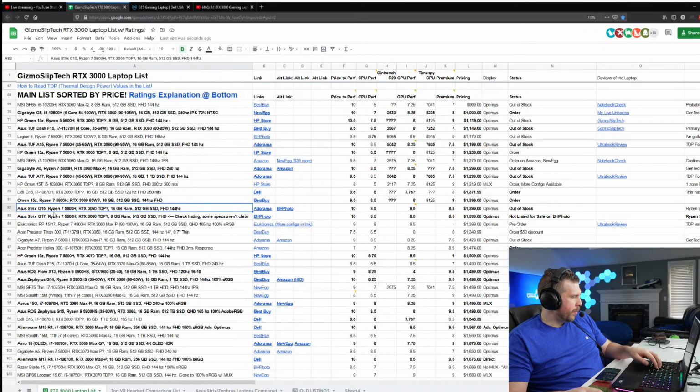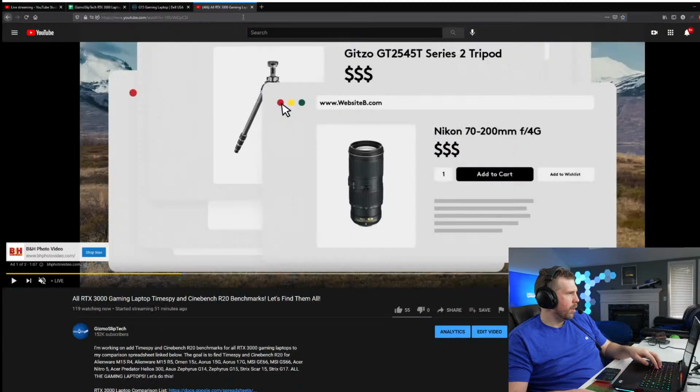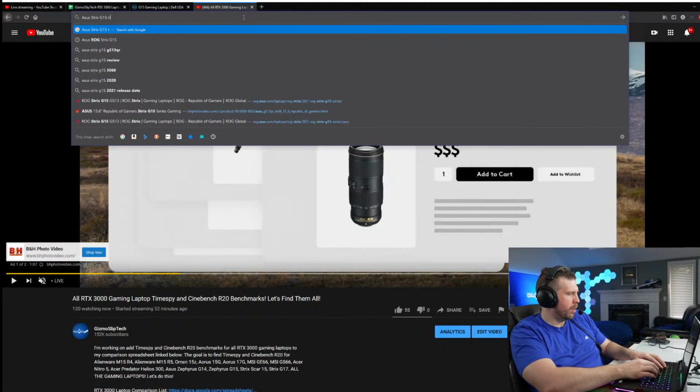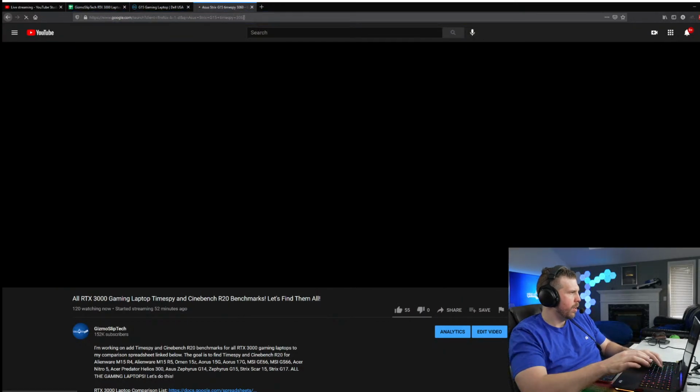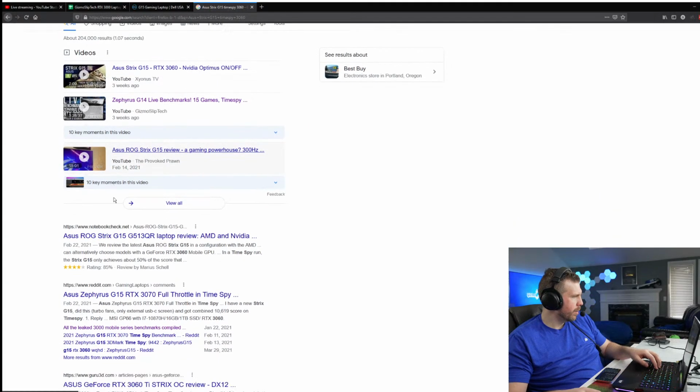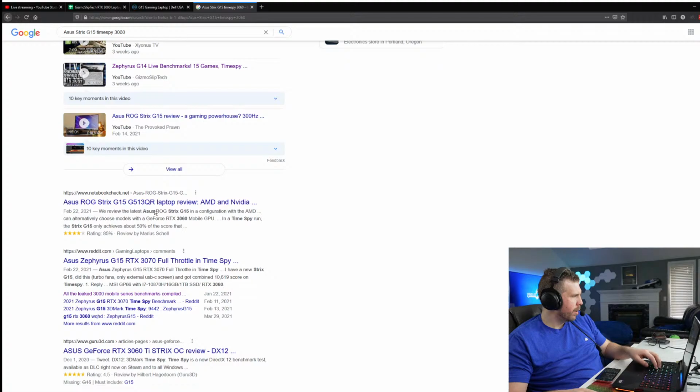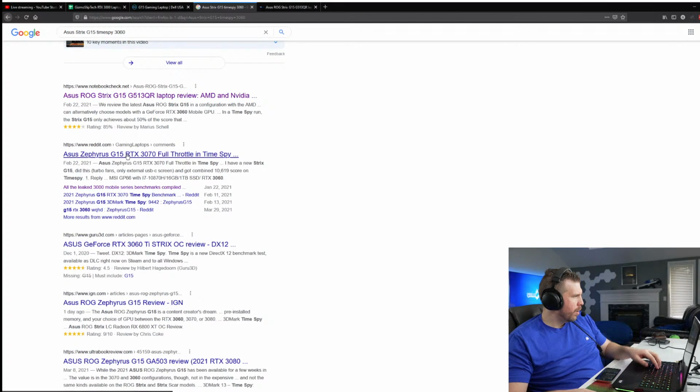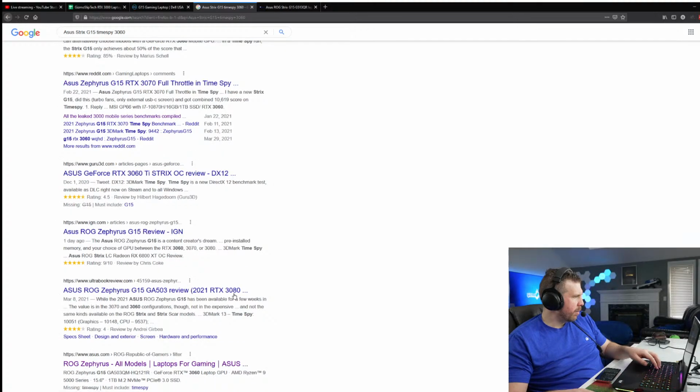Okay, next up. Strix G15. This one we should be able to find, I think. Maybe.